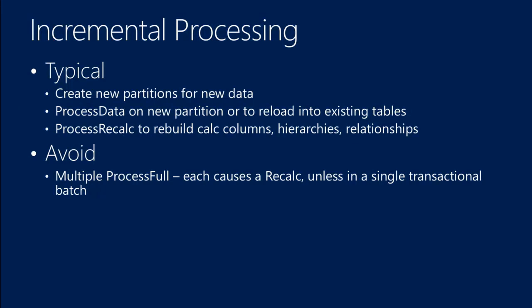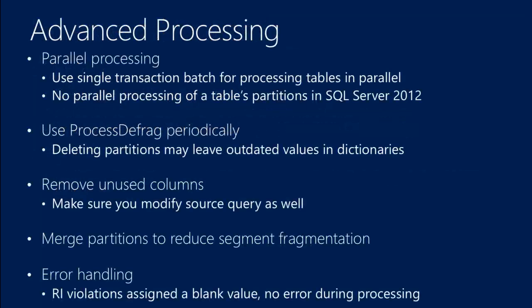We have been uploading them, so if you download the new slides from today, you will get the latest slides, including this information. Avoid doing multiple process fulls, because each causes a process recalc. Unless it's in a single transaction batch, then we will do the smart thing and automatically do only one process full.